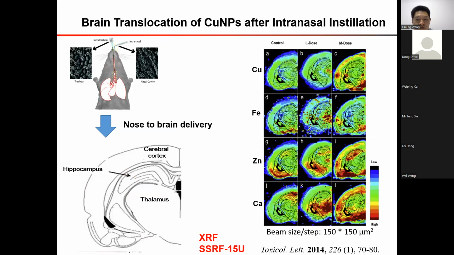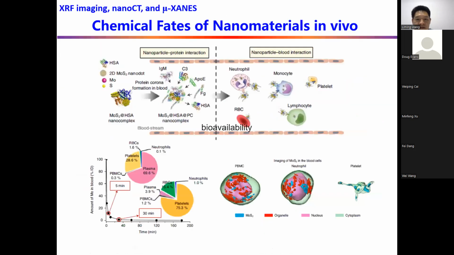Finally, I would like to show how these techniques study the chemical phase of nanomaterials in vivo. As we know, when some nanomaterials are injected in the blood, they will target important clearance tissues such as the liver and the spleen.